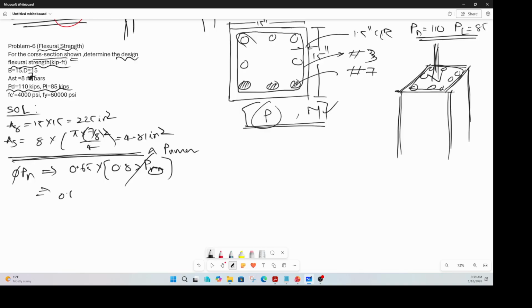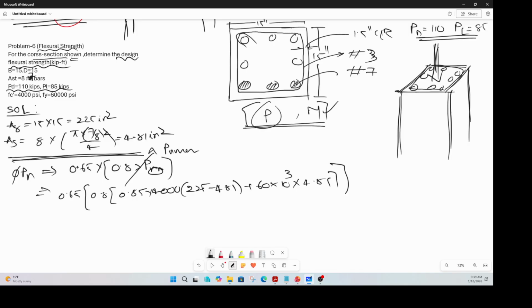So 0.65, that's a factor, and then 0.8 times your P naught, and P naught is again 0.85 times Fc prime, Ag 225, minus Ast 4.81 inch square, plus 60 ksi Fy times Ast 4.81 inch square.